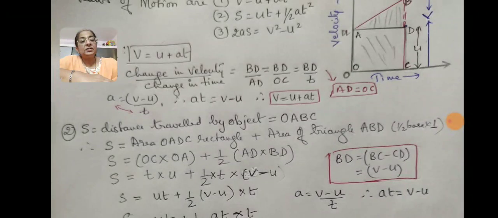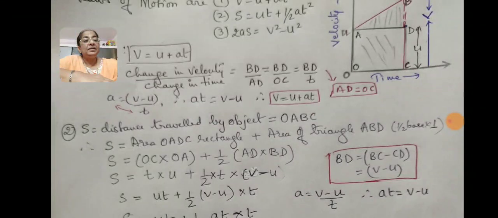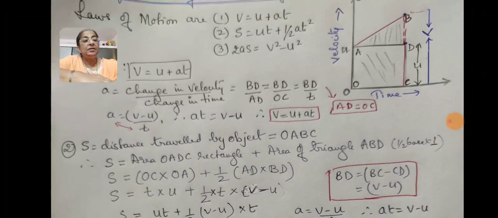Now substituting the value, s is equal to OC is t, OA is u, plus half into AD. AD is t. Now BD is equal to BC minus CD, that is v minus u.